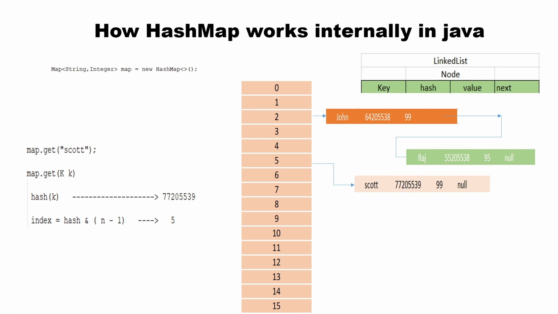If both hash values are equal, then we are immediately going to call the equals method and check the original keys, which are Scott and Scott. If both are the same, we are going to fetch the value 99 from this entry, and the user will get the output.